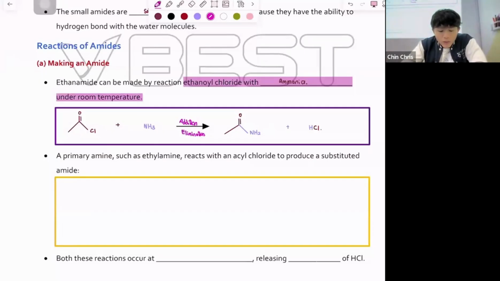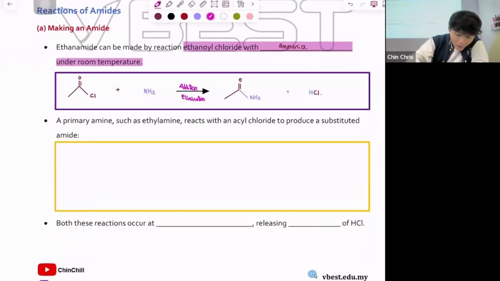Okay, next. A primary amine such as ethylamine can react with an acyl chloride to form a substituted amide. So guys, this time I have this acyl chloride. We call it propanoyl chloride.